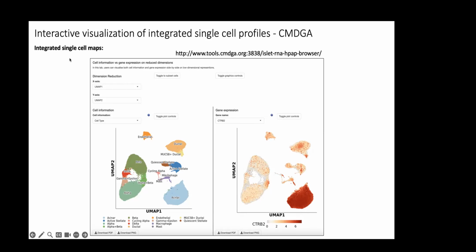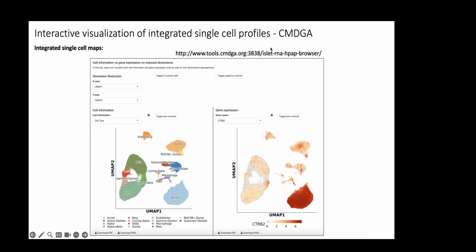And I think there may be some value in giving people the opportunity to look at expression more interactively, or chromatin more interactively at the individual cell level. So we do have some visualizations of individual cells in our CMDGA, which is the site that provides the genomic data to the portal.